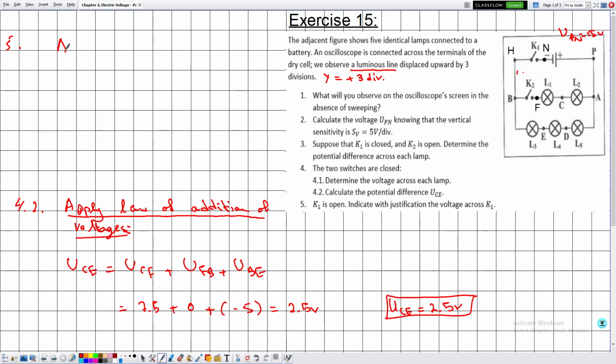So an open switch in series with the battery has the same voltage of the battery, which is given by 15 volts.